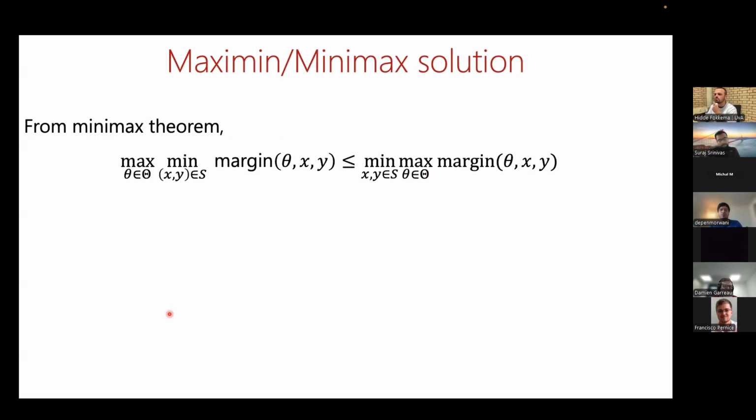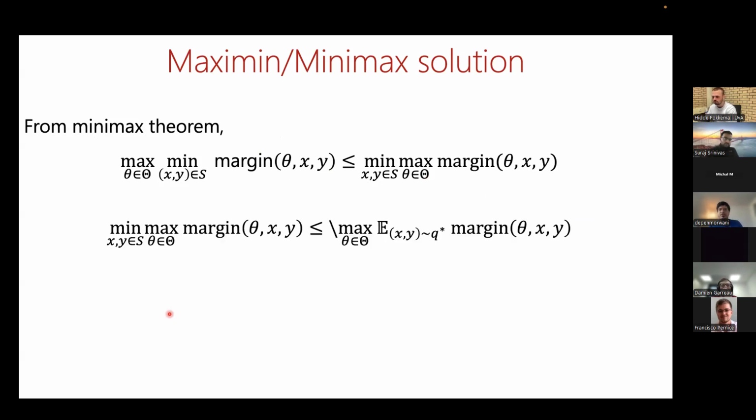Let me quickly show the proof of this as well. It's not hard. From the minimax theorem, we know that max min is always going to be less than or equal to min max. But then because we have this pair D star, Q star, we can make a bunch of substitutions. We can replace the pair by the distribution Q star.